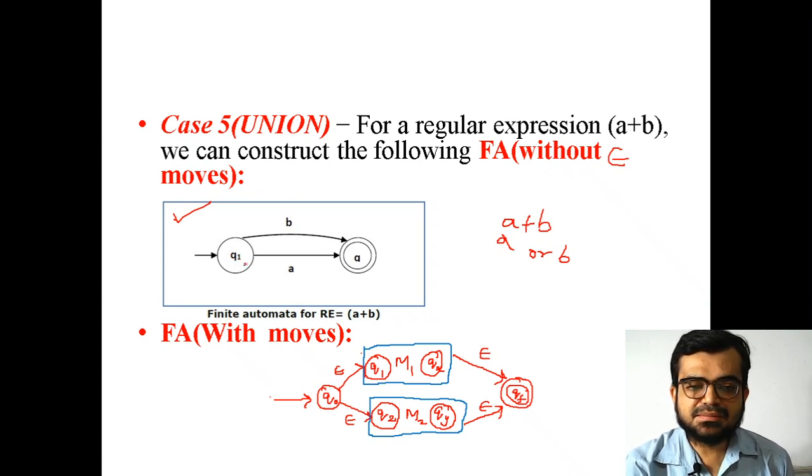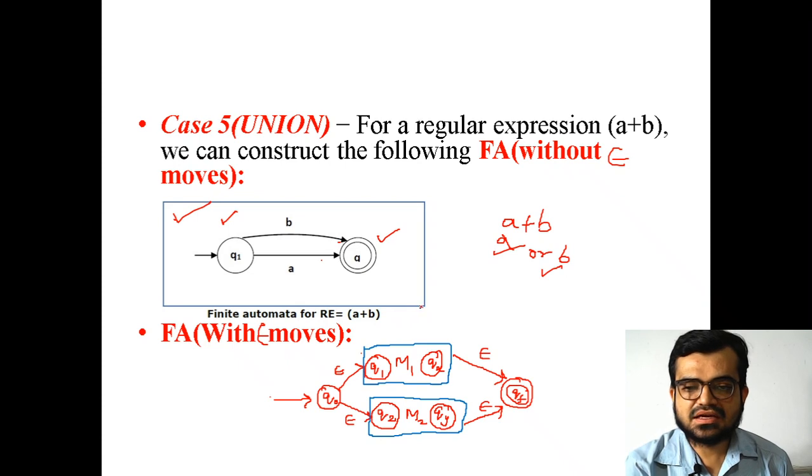Either the input it receives is A, or it receives the input B, in order to reach the final state. So there are two transitions, either A or else B, and it reaches the final state. In this way the union operation is represented, and this finite automaton is an example of without epsilon moves.